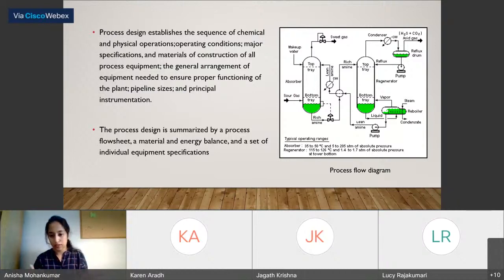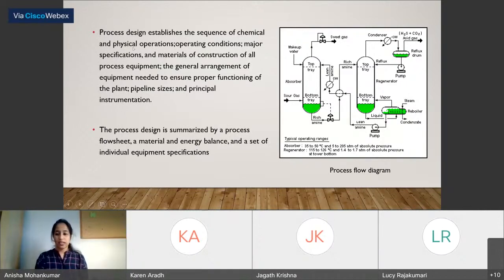If the CEO of the company says you have to produce 10,000 kilotons of ammonia, you need to design how many absorbers and how many regenerators you need. For so many regenerators, you need so many reboilers and so many condensers. So you design for one and you scale it up to many.